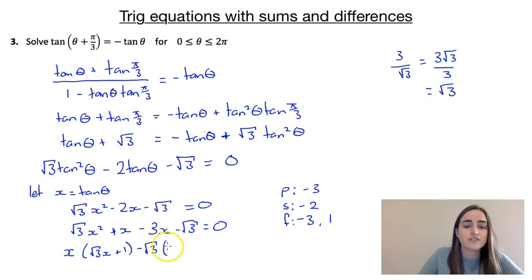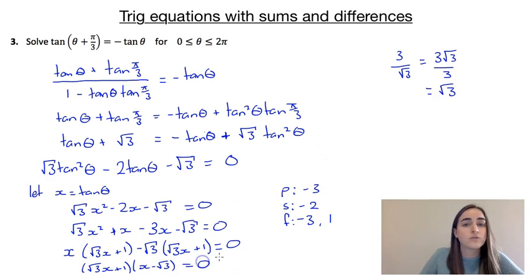So if we factorize this out, we're going to have root 3x, and then we would have plus 1 left over. So that one's a little bit harder to see, but we're trying to make what's in the brackets match that first one. So now we have that bracket matching, so we're going to have root 3x plus 1 and x minus root 3, and that's still equal to 0.